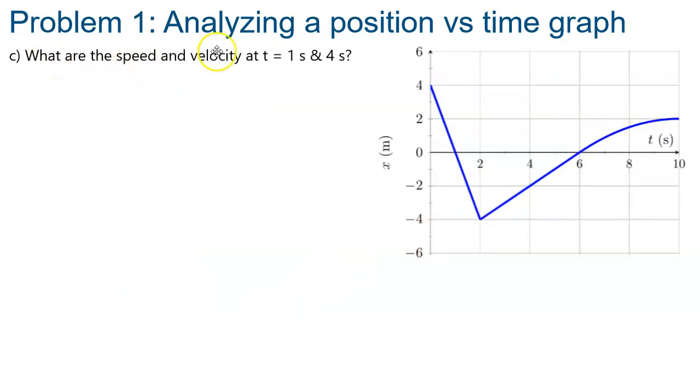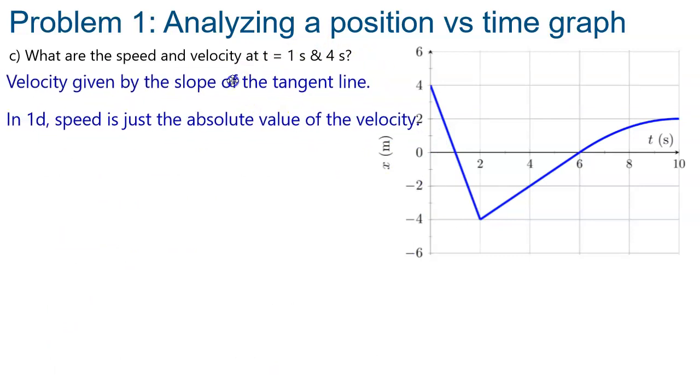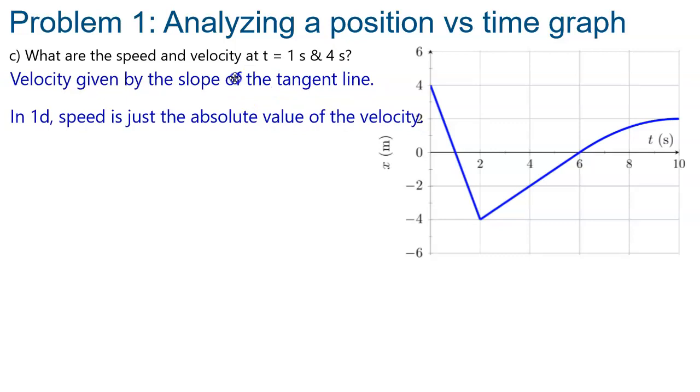C. What are the speed and velocity at t equal to 1 second and 4 seconds? Well, to find that, we have to remember that velocity is given by the slope of the tangent line when we're dealing with the position versus time graph. And the speed will just be the absolute value of the velocity. So the first point where we try to find information is at t equal to 1 second.